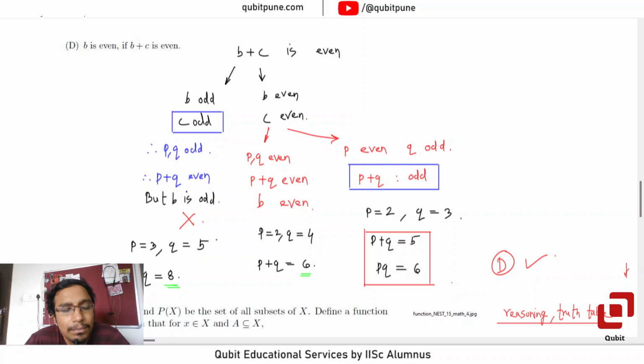P, Q both are odd. Therefore, P plus Q is even, but B is odd.